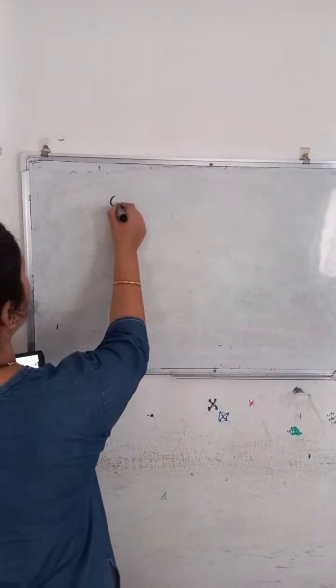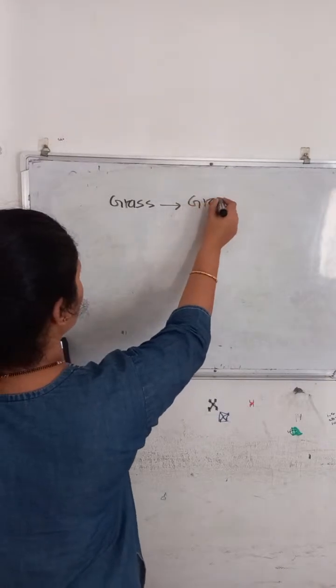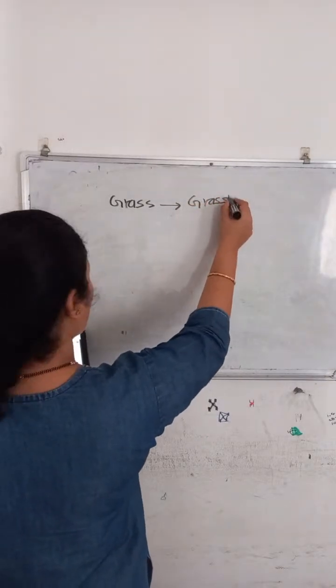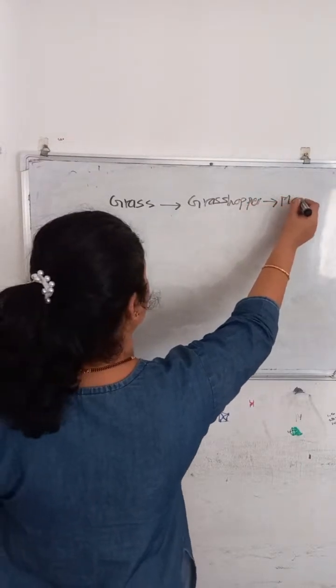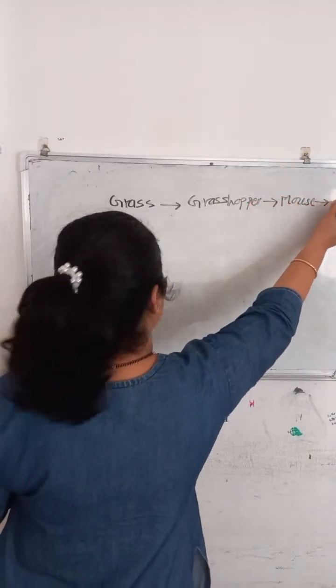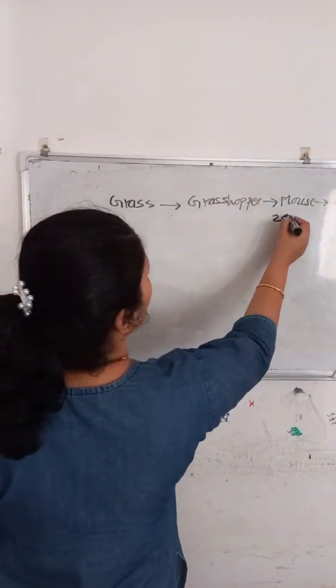This is grass. This is grasshopper. Then mouse. Then here we have an owl. The question is, the amount of energy available to the mouse is 200 joule.